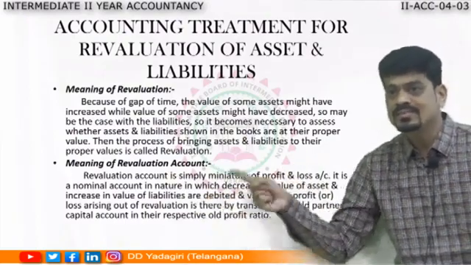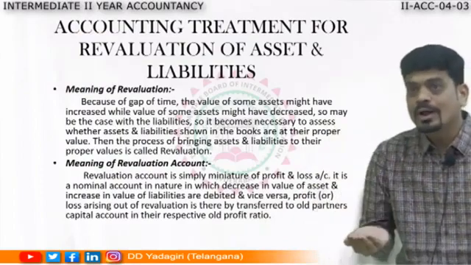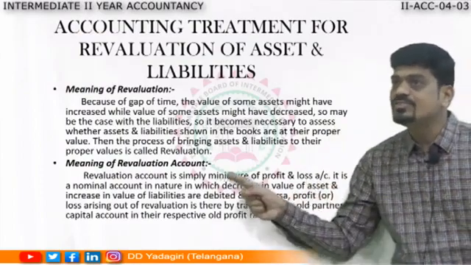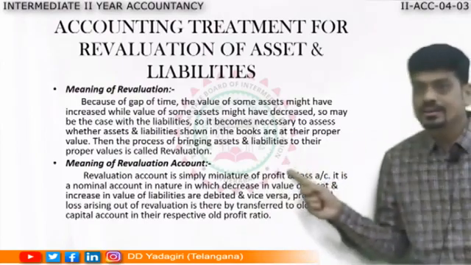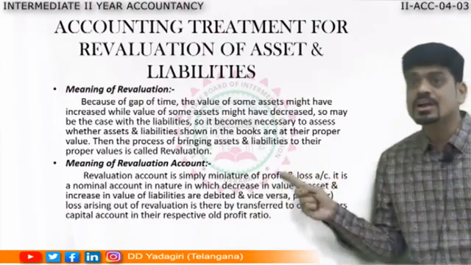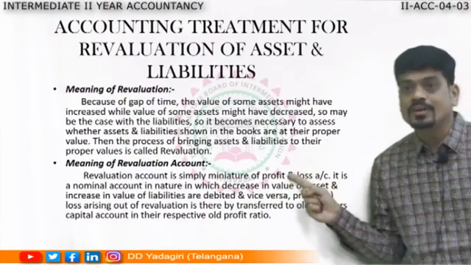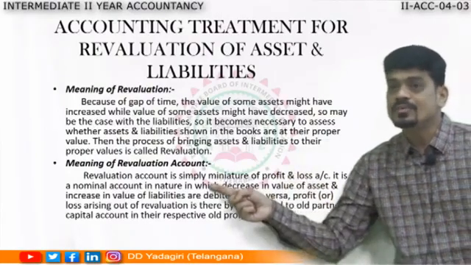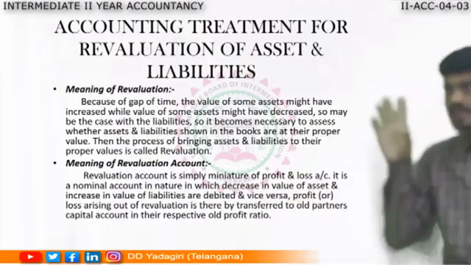Debit all expenses, credit all incomes. So whatever is decreasing or increasing, we have to adjust in the revaluation account. Revaluation account is nothing but the miniature of profit and loss account, and it is a nominal account.